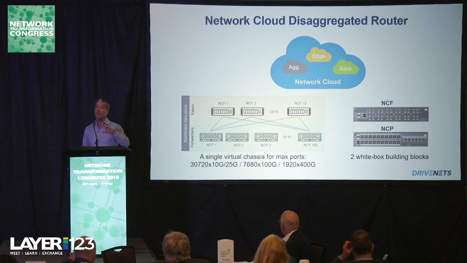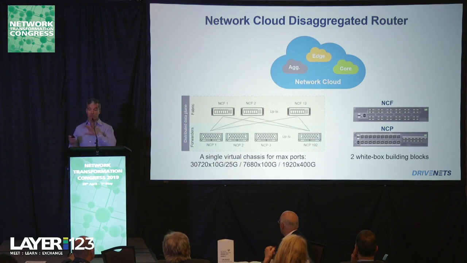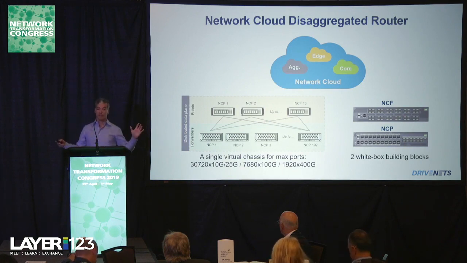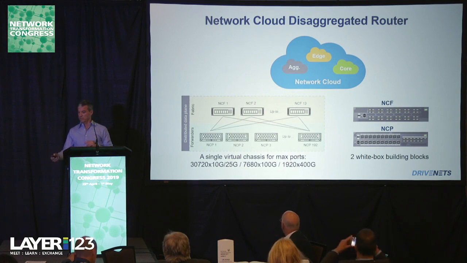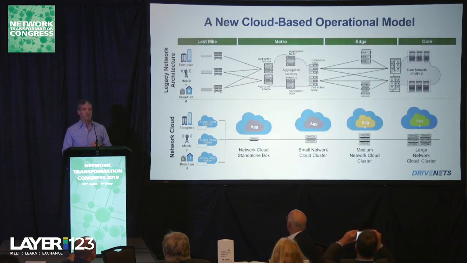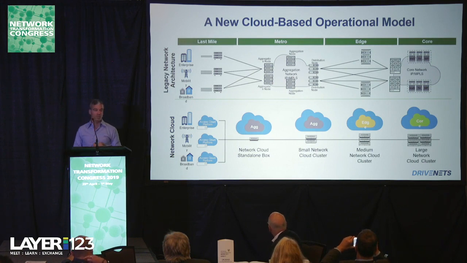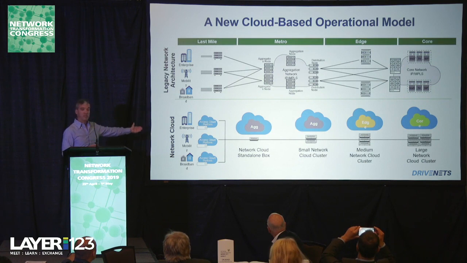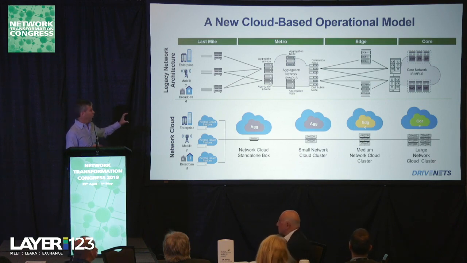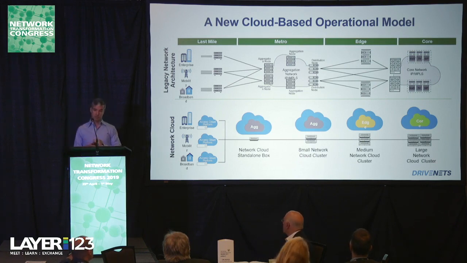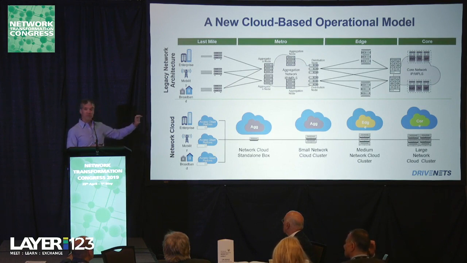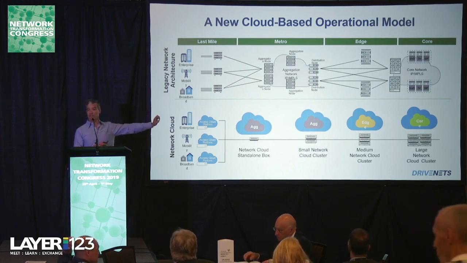So if we zoom out and see the impact of this solution on the entire network, we see how simple it is. And it looks simpler because it is. So now we have clusters in different scale, all made from the same building block, all over the network, with just different services.